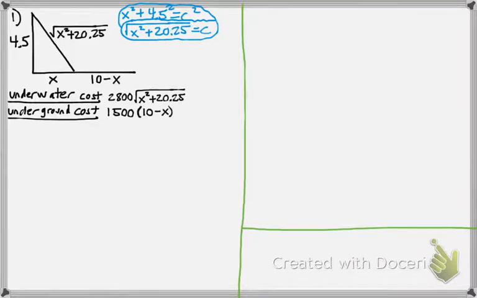So then the total cost, this is going to be c is equal to my first one plus my second one.